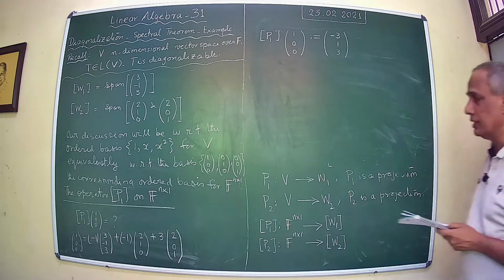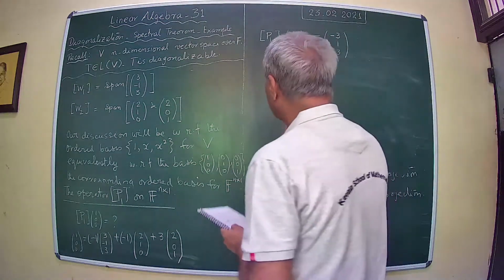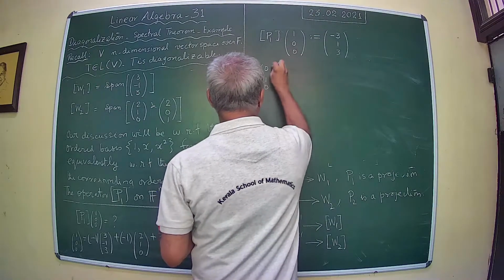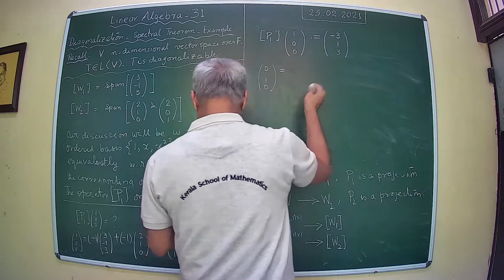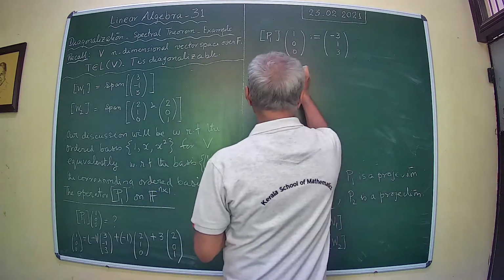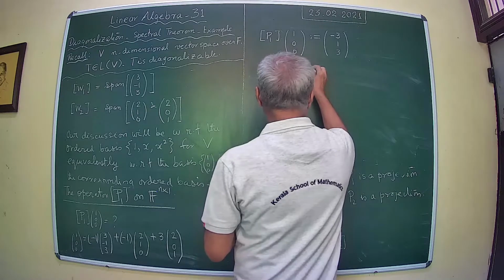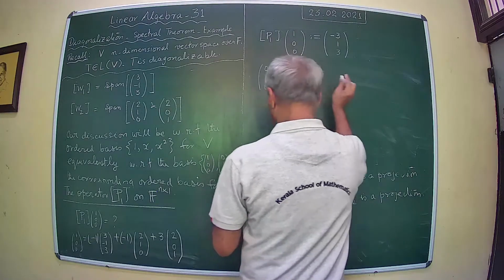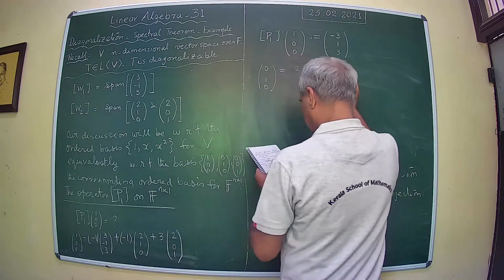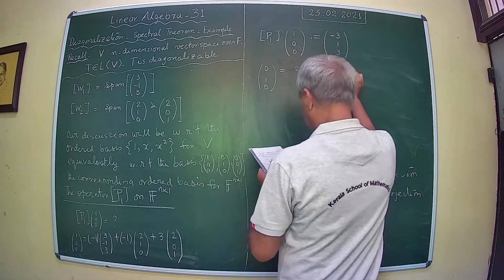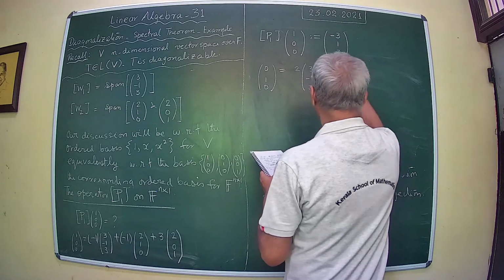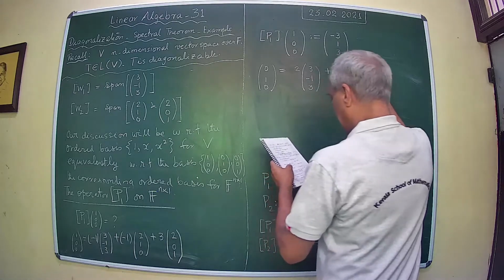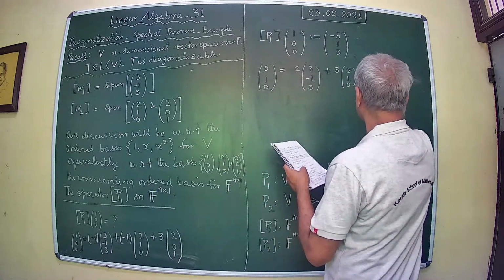And similarly, one can work out 0 1 0 is given by 2 times (3, -1, 3) plus 3 times (2, 1, 0) and minus 6 times (2, 0, 1).